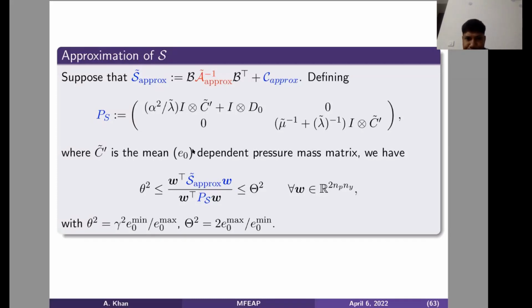And E naught is the pressure, E naught dependent mass matrix, and we get this eigenvalue bound. Again, you will see the lower bound only depends on the discrete inf-sup condition, gamma, and E0 max. And theta depends on the continuity constant and also on E0 max.